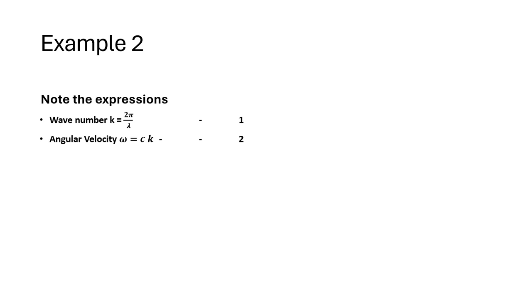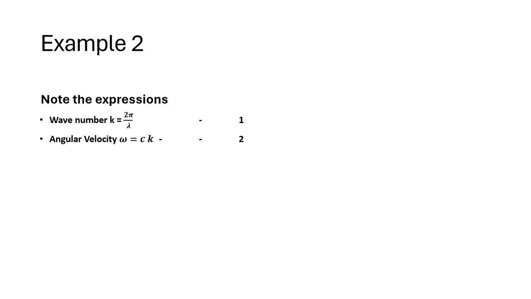Example 2. Note the expressions. Wave number k equals 2 pi over lambda, equation 1, the expression for wave number. Angular velocity omega equals ck, where c is the speed of light and k is the wave number.